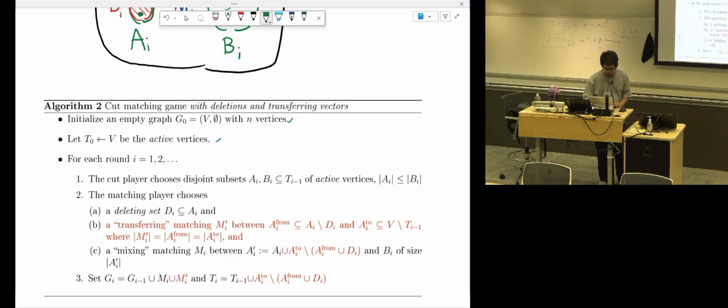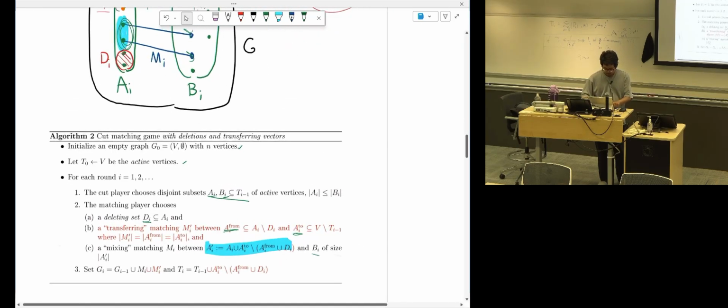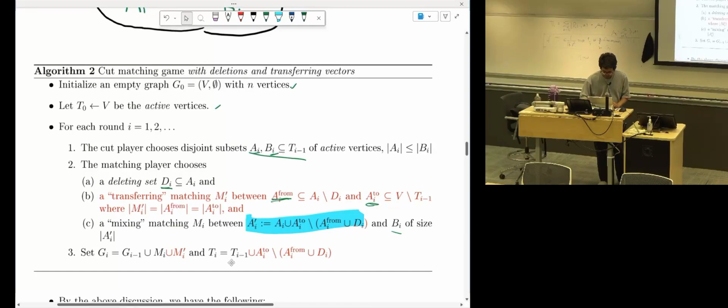In each round, the cut player chooses an active set like A_i and B_i, and then the matching player deletes something, transfers something from the active part to the inactive part, and then matches the blue part here to B_i. Match the blue part to B_i. And then we just update how the active set is updated.